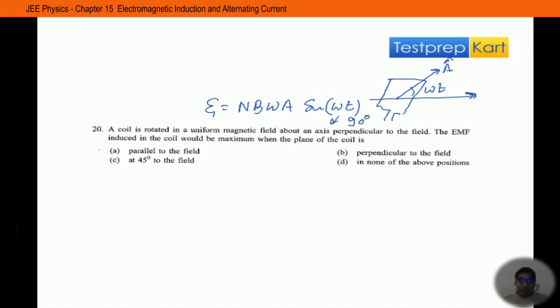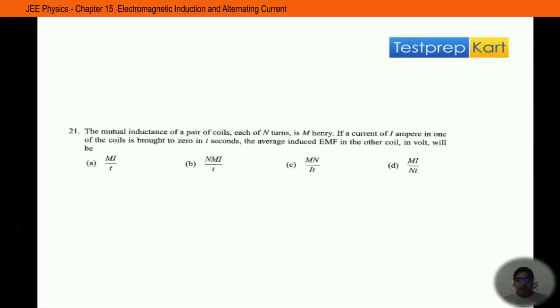So the correct answer is parallel to the field. Whenever this coil is parallel to the field, there will be a 90 degree angle between magnetic field and area vector, and from there we'll get maximum EMF.